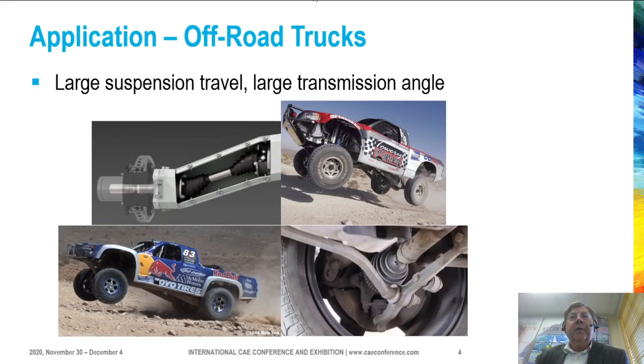In particular, with off-road trucks, the suspensions have very high rate or amount of travel, and with the combination of the large travel and possibly having the steering be to one side or the other, that may result in a very high transmission angle.